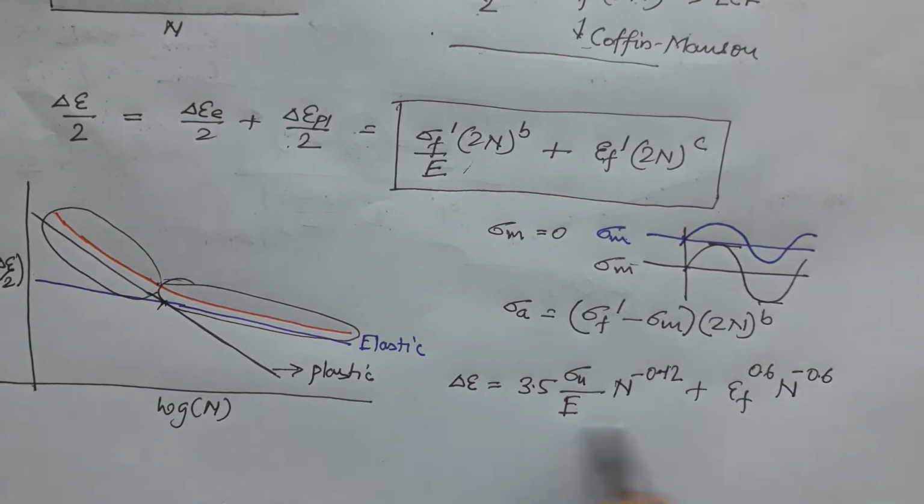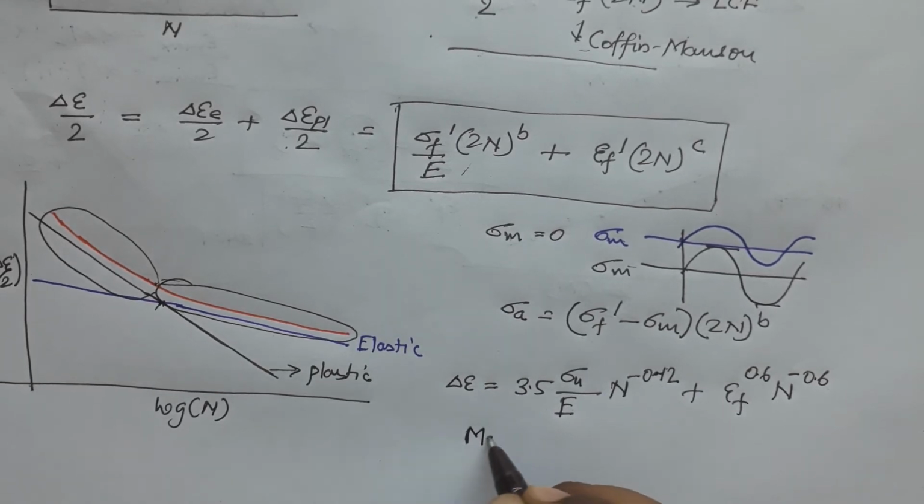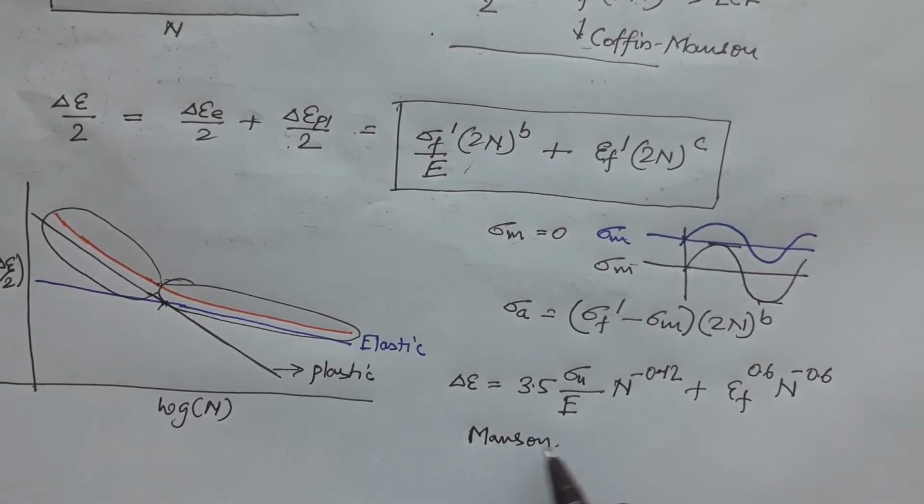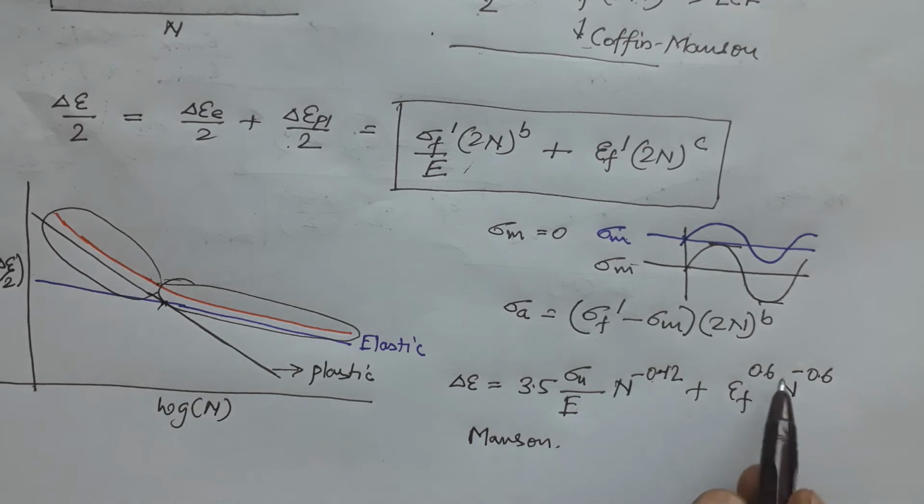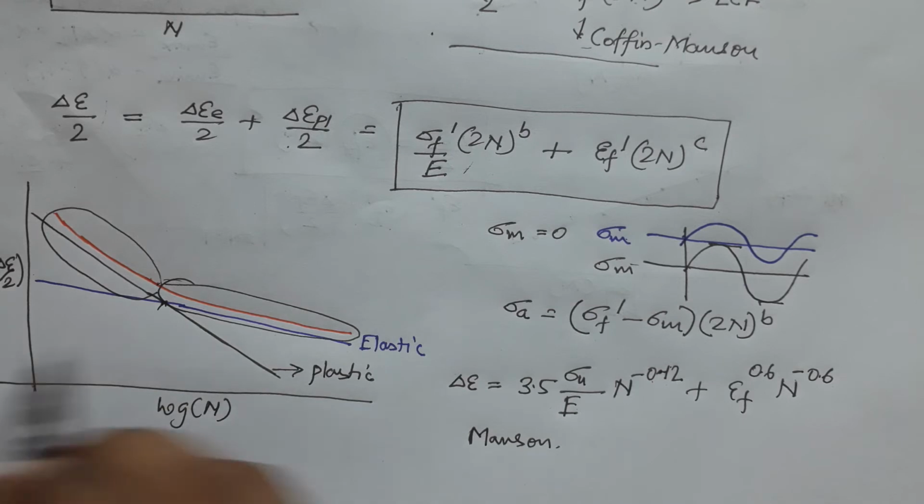There is no theory behind this equation, this is just an empirical equation. Manson did a lot of experiments and he fitted the data and found out the values in this form, and this is a simple equation because you do not have to plot the log and find out.